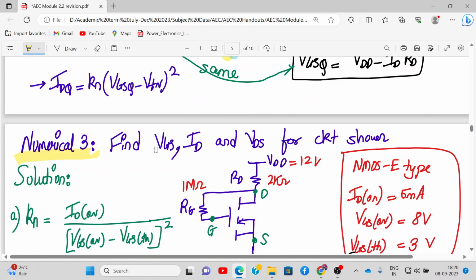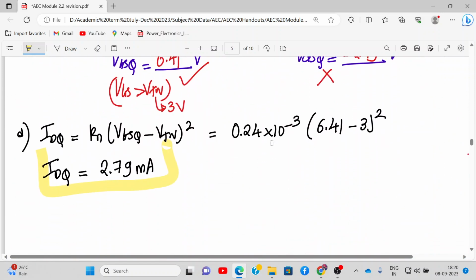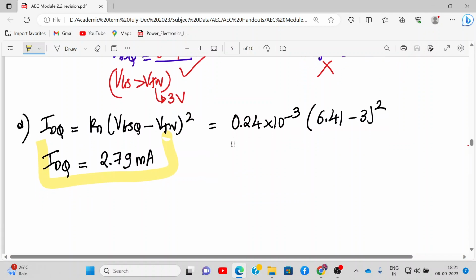We have to find VGS, ID and VDS. Did you all get this value? Yes, sir. Okay. So remember, in drain feedback bias, VGSQ was equal to VDSQ, right?